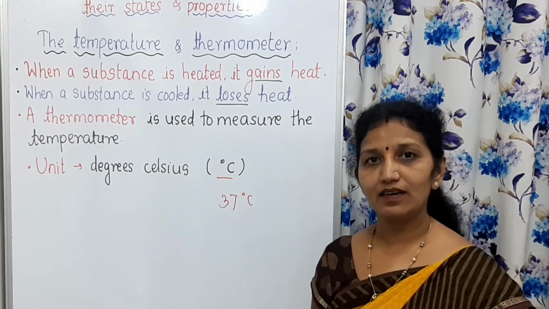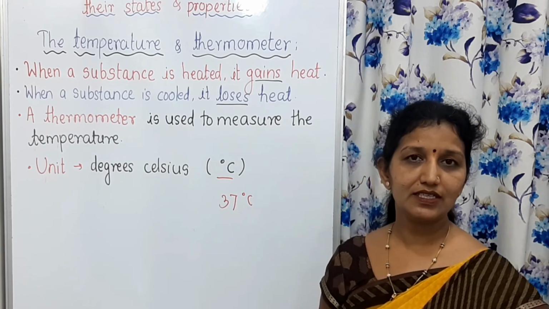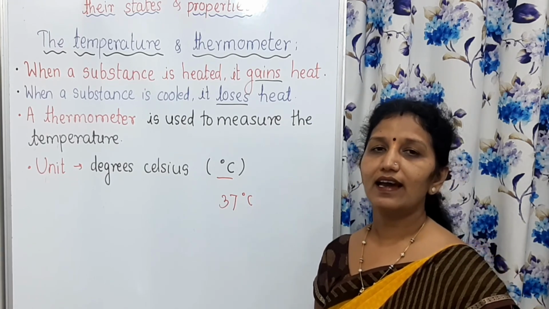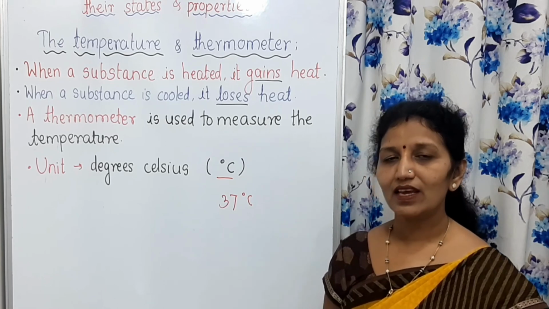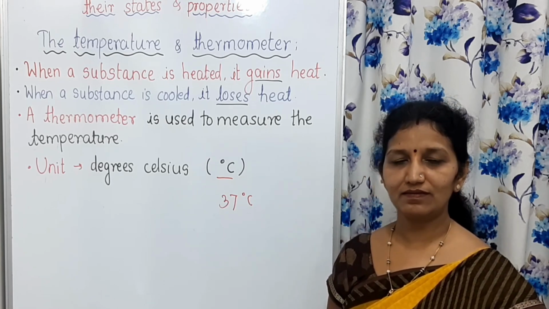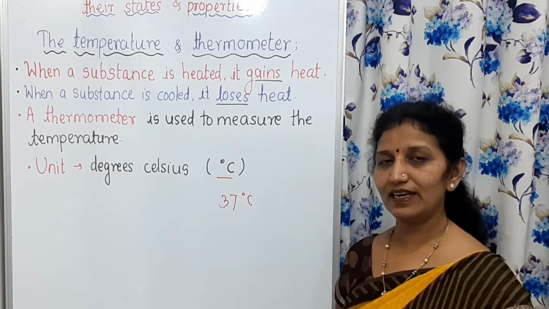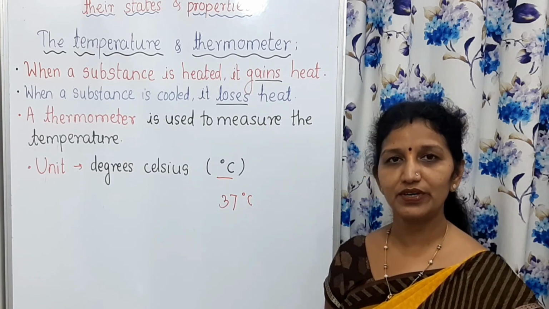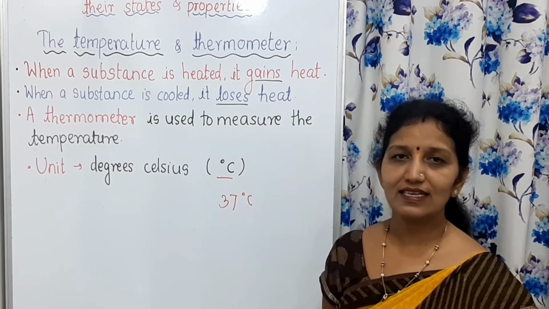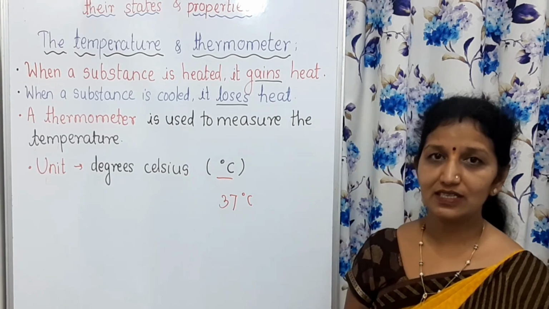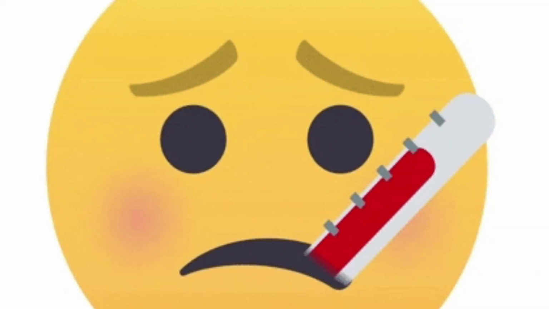There are some temperatures given in the chart in your textbook, and you have to read them. There are so many temperatures of different liquids: boiling point, freezing point, melting point. All these are given, but we have to study the brief description here.